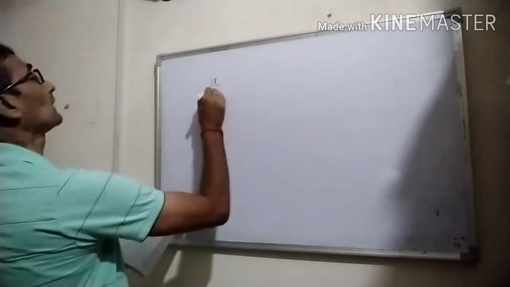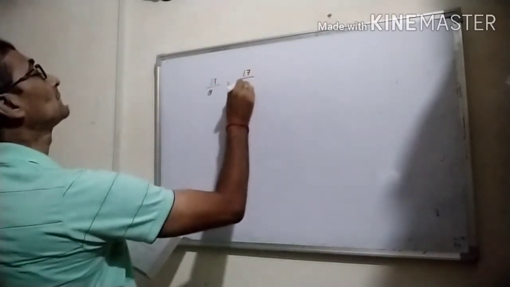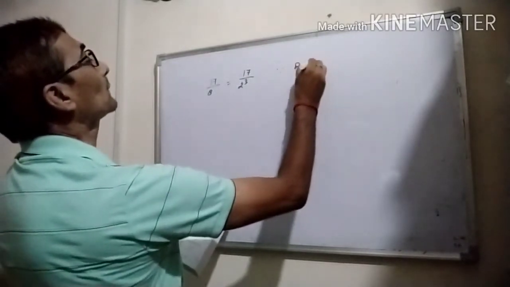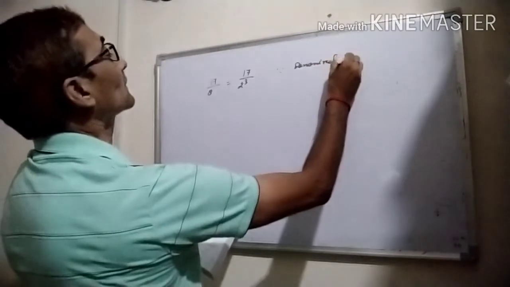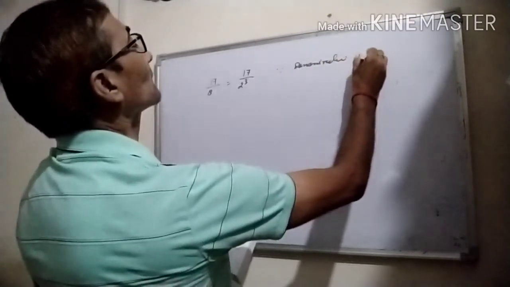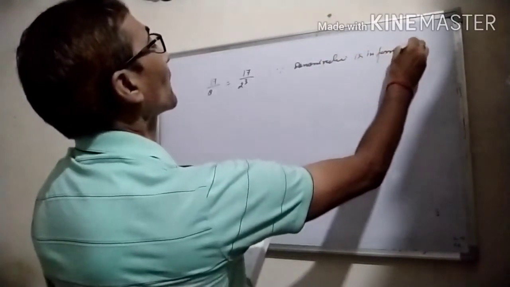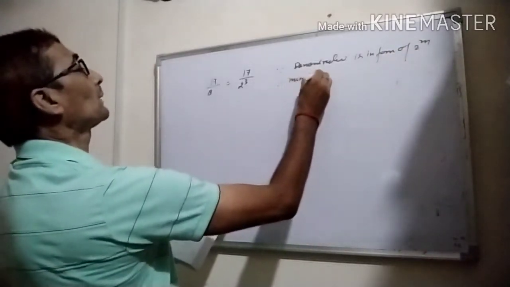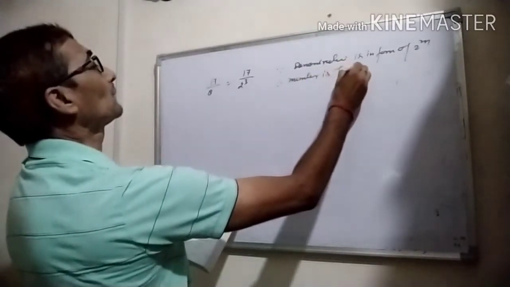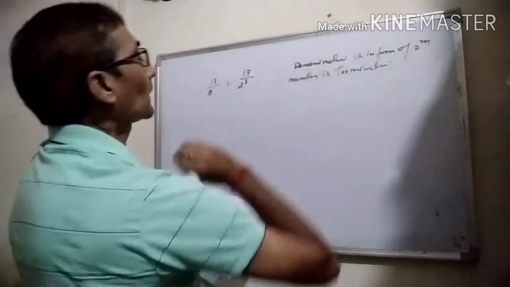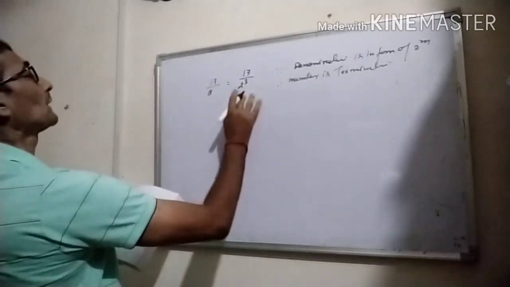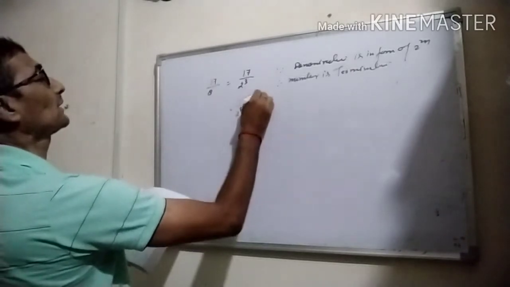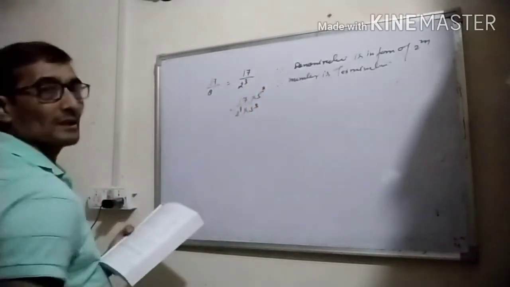17 by 8, where 8 equals 2 to the power 3. Since the denominator is in the form of 2 to the power m, therefore the number is terminating. So multiply 17 upon 2 to the power 3 by 5 to the power 3 in numerator and denominator.